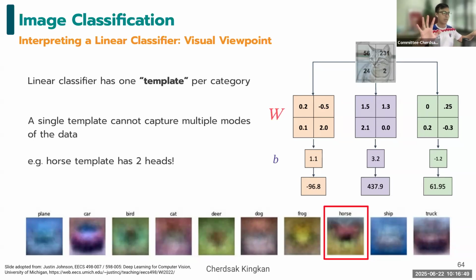When we have one template for one class, the model might not be able to distinguish between different viewpoints of the horse heading left or heading right, so it might be confused sometimes. So if you have a single template, the model might not capture multiple modes within our data. Okay.